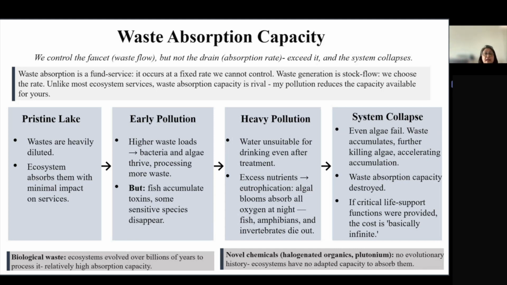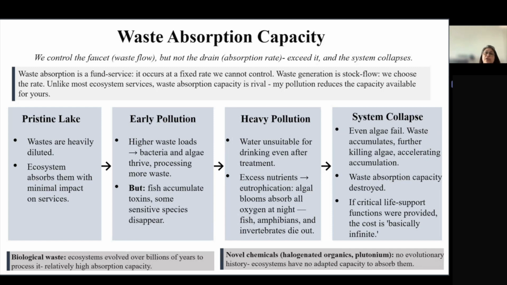One interesting example I want to give you is the Ganges, a river flowing through India, which is known to have a very high capacity to assimilate waste. But today we have reached a level that, even to date, we are not able to bring back the capacity that the Ganges had.